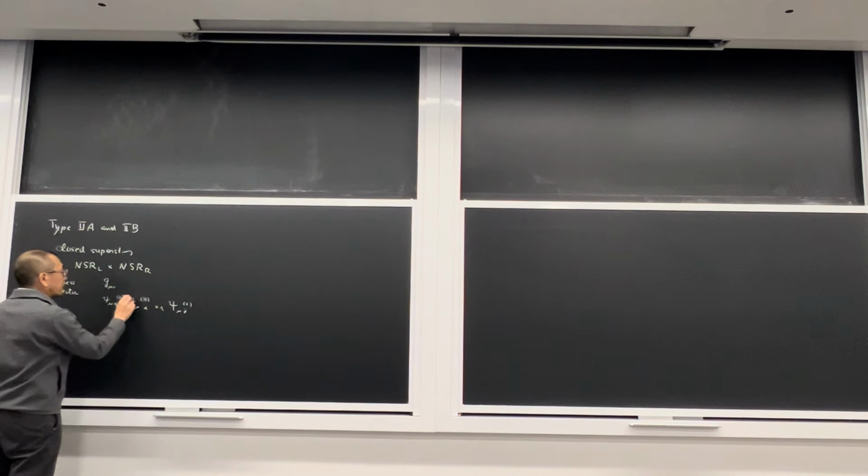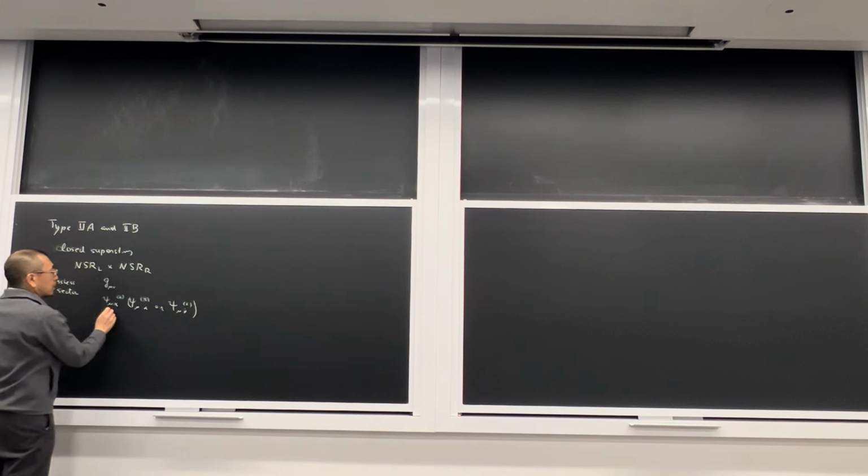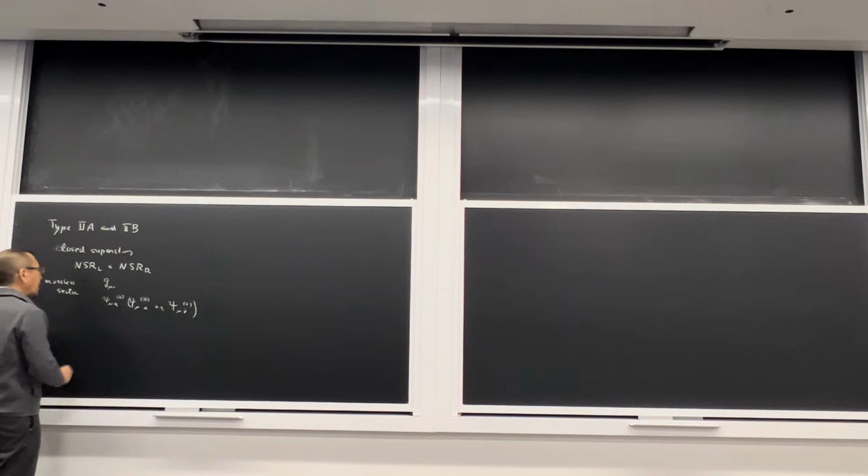So in particular, it gave rise to two gravitino, and suggests that you have N=2 supersymmetry.